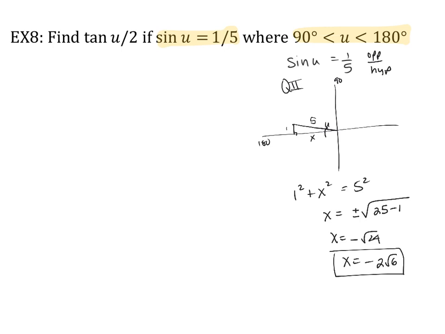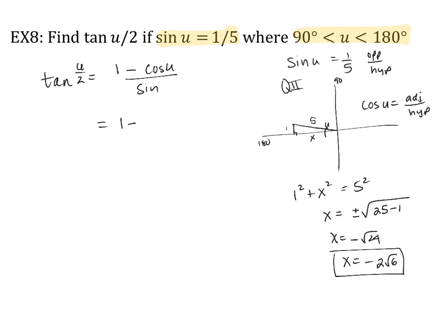Okay, so there's quite a bit of information. Let's work on the problem. So tangent of u over 2. I'm going to pull out my half angle tangent formula, which tells me that that is equivalent to 1 minus cosine of u all over sine of u. Cosine I don't have yet, but I can easily get that. That is the adjacent over the hypotenuse.